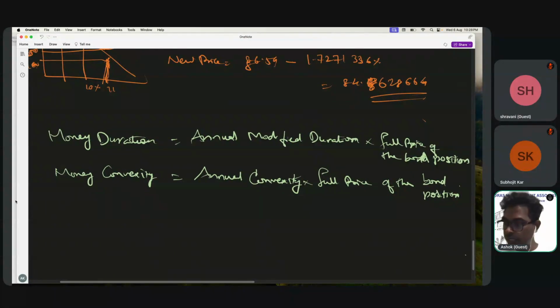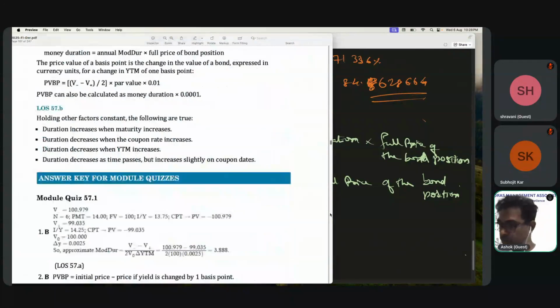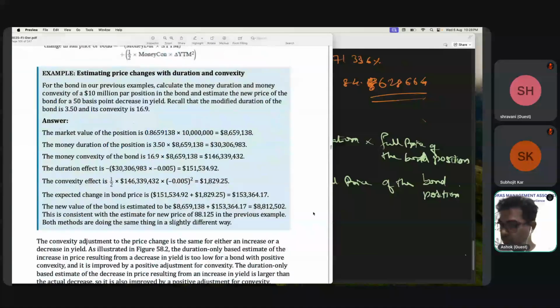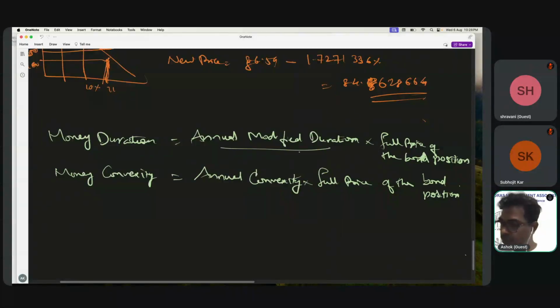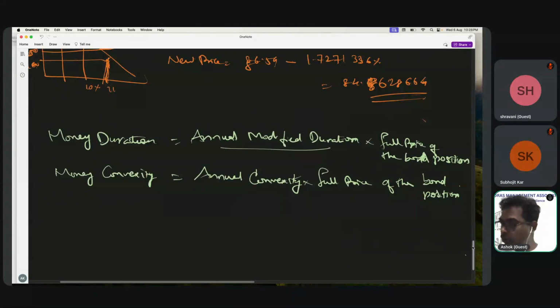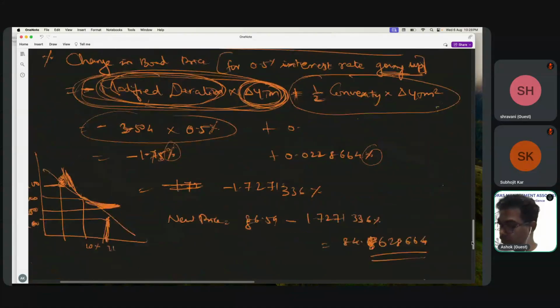So now how do I calculate these two? Okay, now coming back to the sum. So $10 million par. So we know that annual modified duration, the question is... See, we calculated for one bond what is the change. This is the change for one bond.